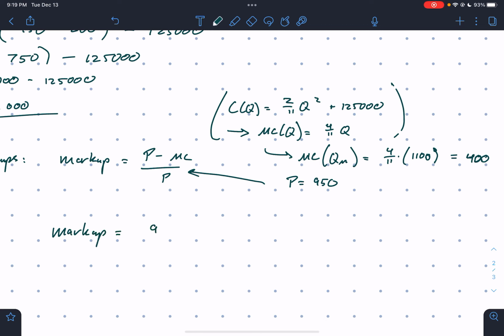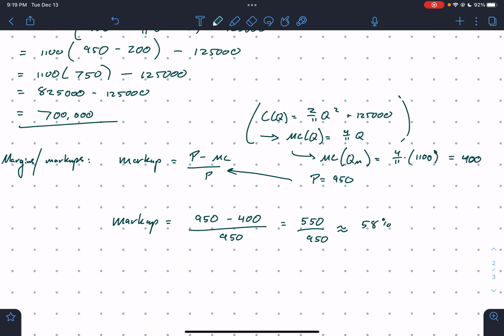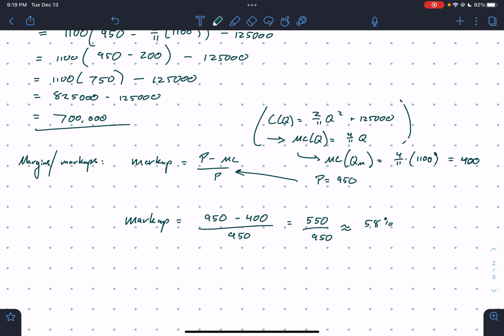Markup is going to be 950 minus the marginal cost, which is 400, divided by 950. So here we get that this is 550 divided by 950, which is approximately 58%. So this is a pretty high markup.